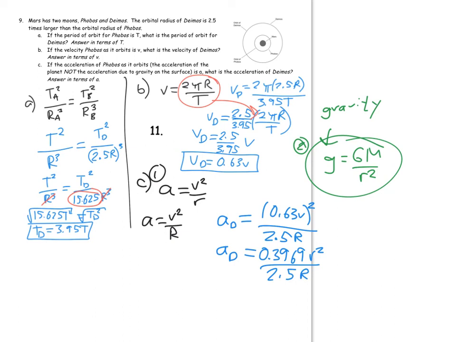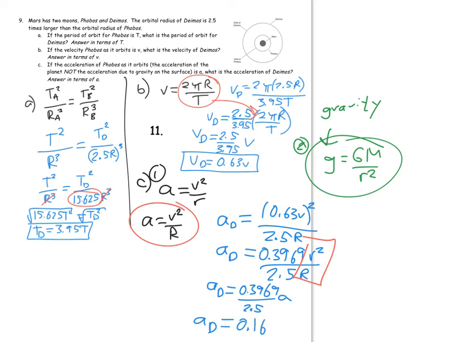I can do the same thing I did in the last part and pull out those two constants. What remains is v squared over r, which is equal to a, the acceleration of Phobos. And so I end up getting that the acceleration of Deimos is 0.16 a.